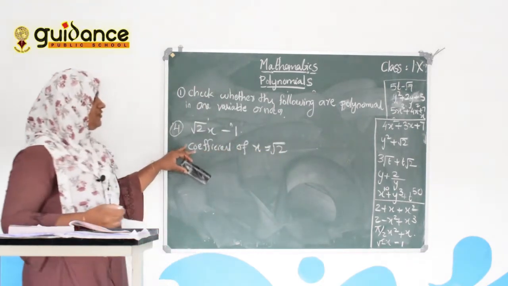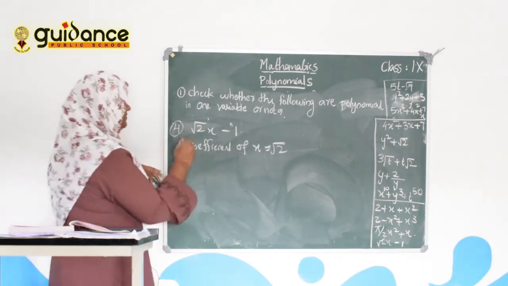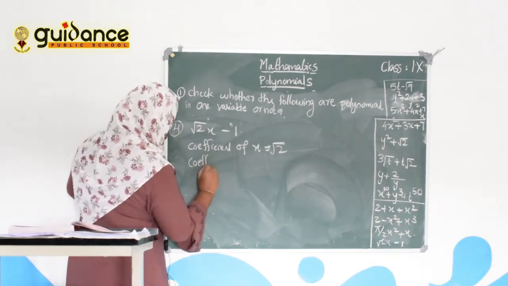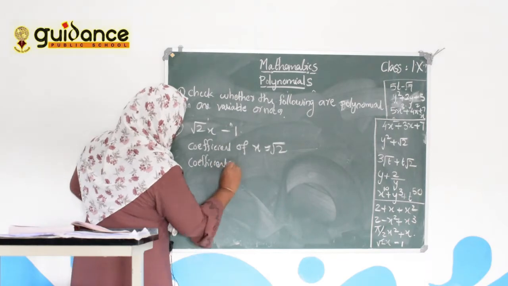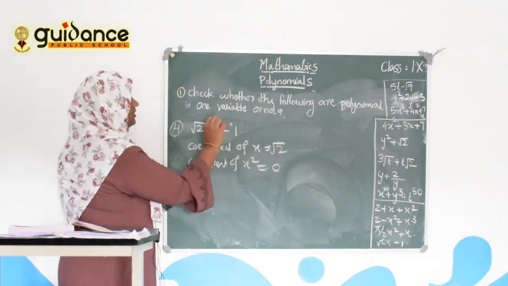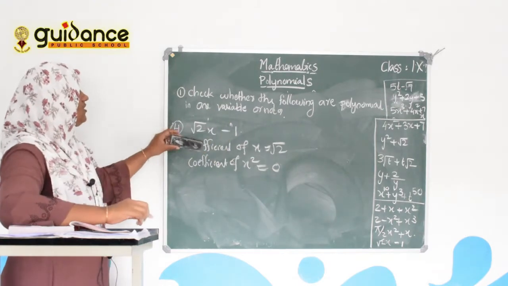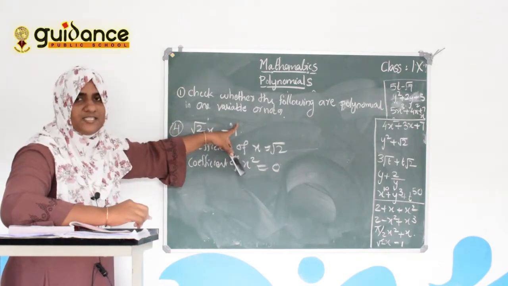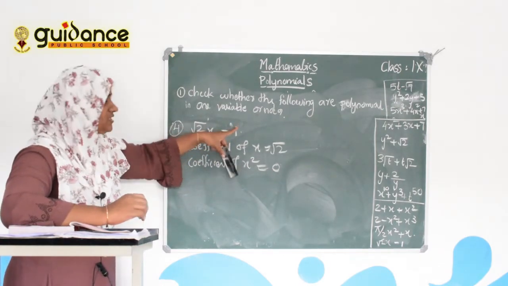In this there is no x square, so the coefficient of x square equal to 0 and the coefficient of x cube equal to 0. Then 1 is the constant term. Okay, all of you got it.